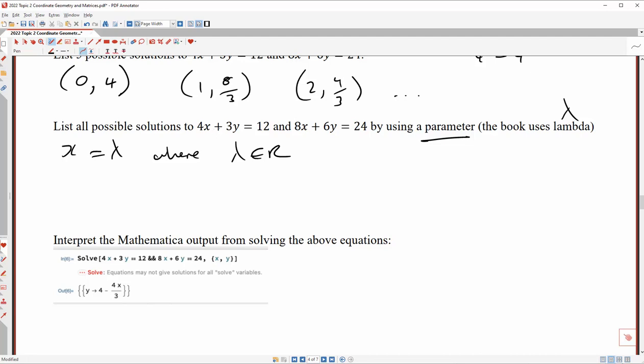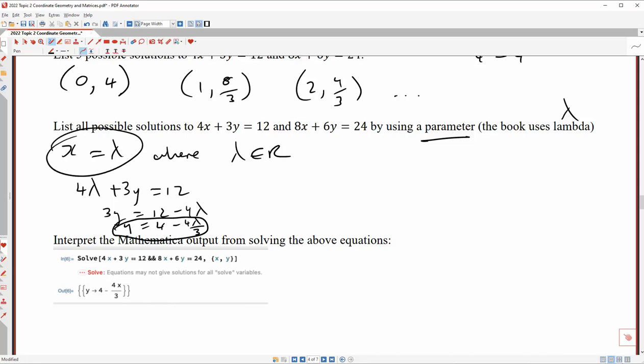Now that we've done that, let's pop it in. So we've got 4 lambda plus 3y equals 12, and we're going to get y. So 3y equals 12, take away 4 lambda, y equals 3 goes into 12, 4 times, take away 4 lambda on 3. So there is our y value, and there is our x value.